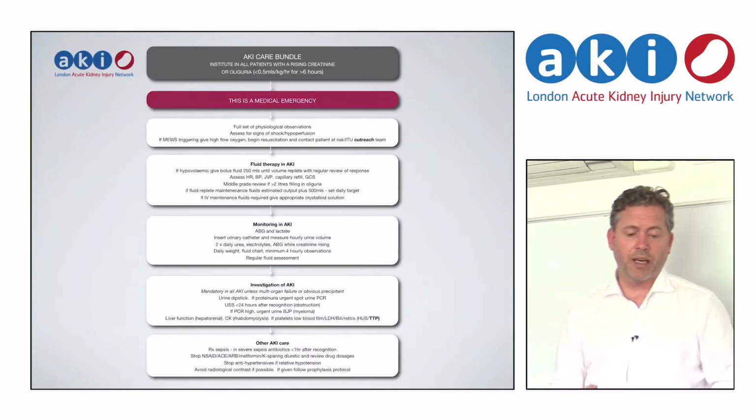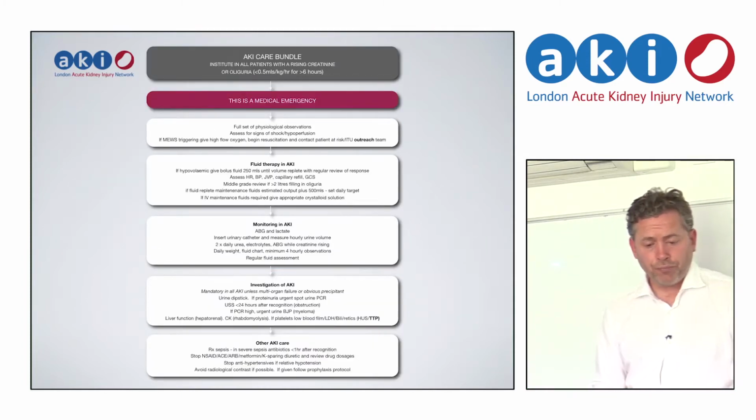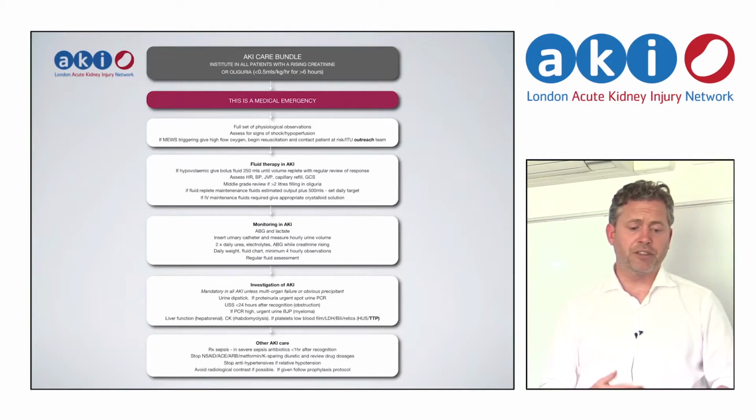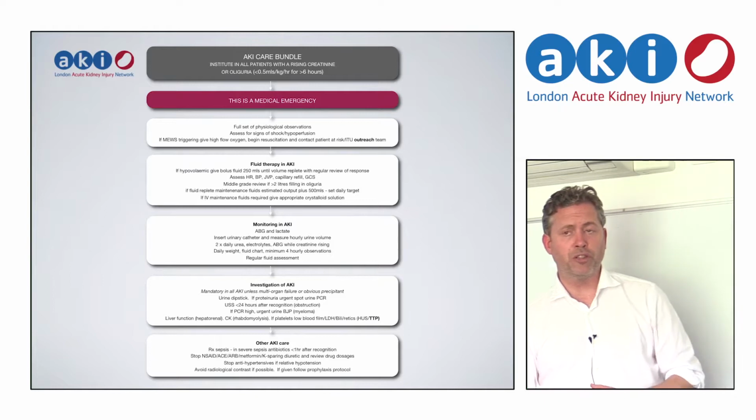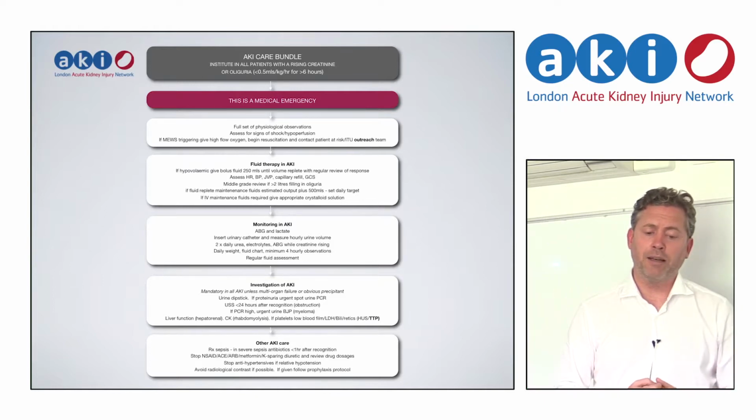So the basic care bundle, we would recommend this is activated certainly in patients who have had a 1.5 times rise in serum creatinine. For smaller diagnostic thresholds, such as a 26.4 rise from a baseline within 48 hours, one can use medical judgment. One might wish to just recheck the serum creatinine level.